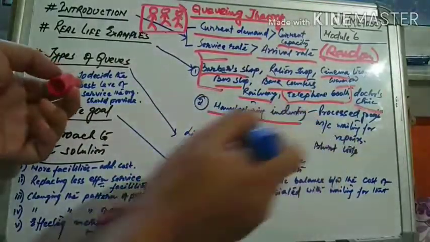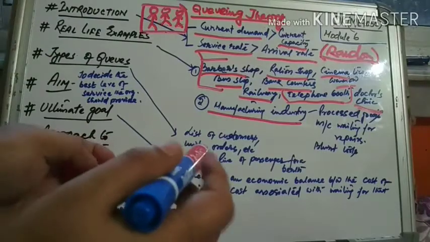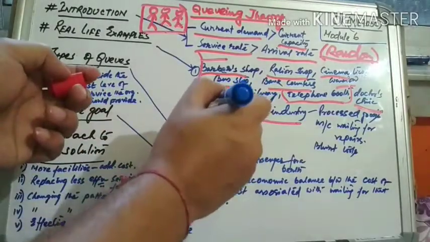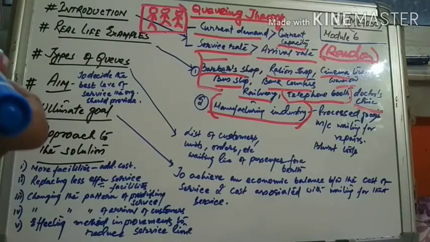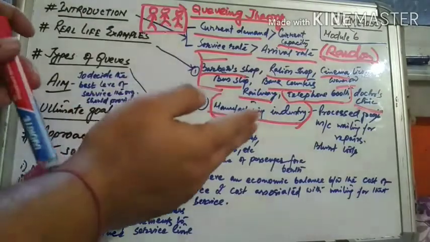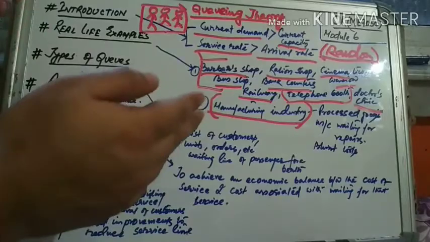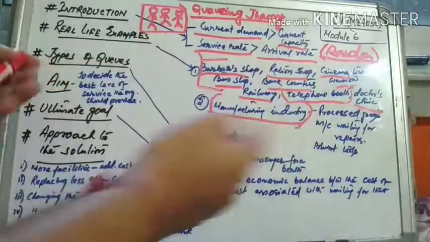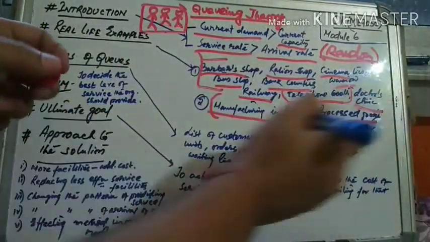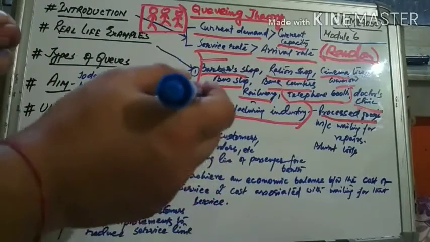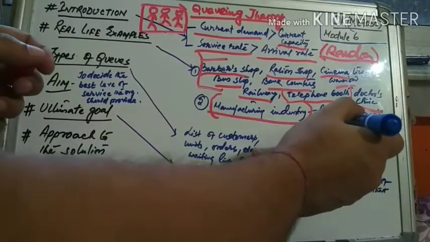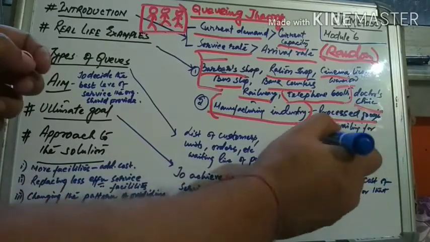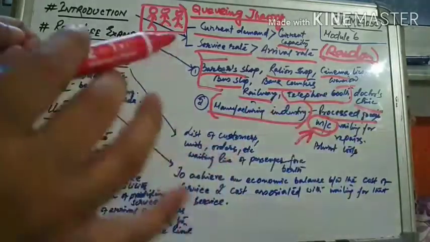Now coming to the manufacturing industry. As an engineer, you have to know this also. In the manufacturing industry, what happens? In-process goods wait for the next operation or wait to be moved to other places. And machines also, M/C, which I have written in short form, depicts the machines.